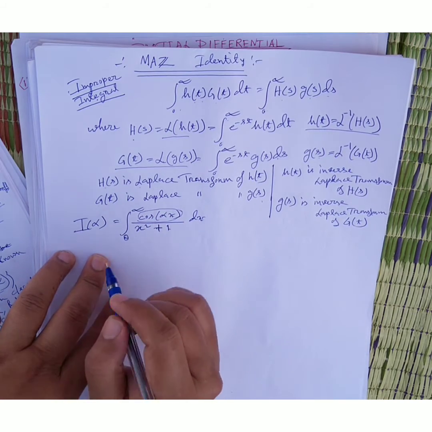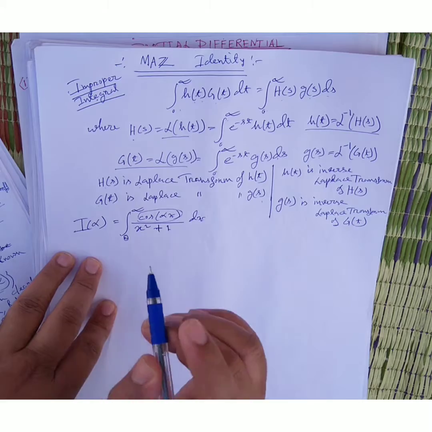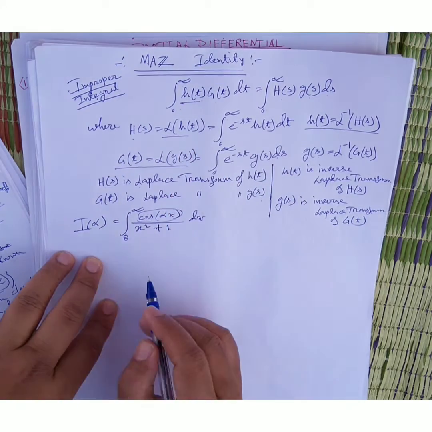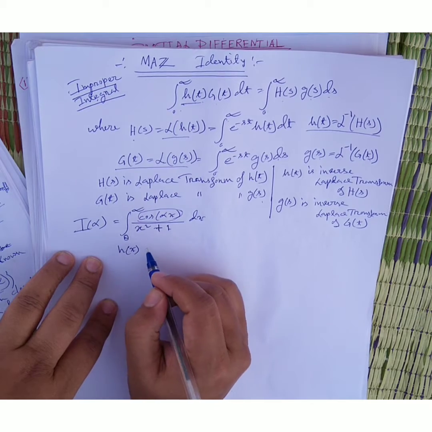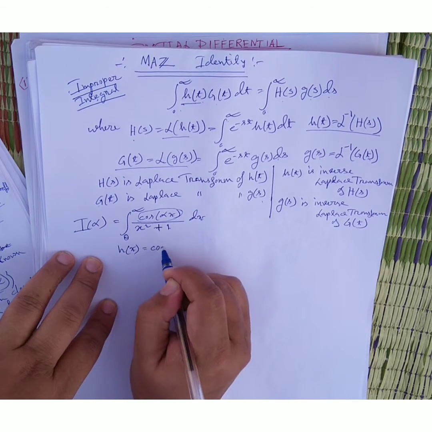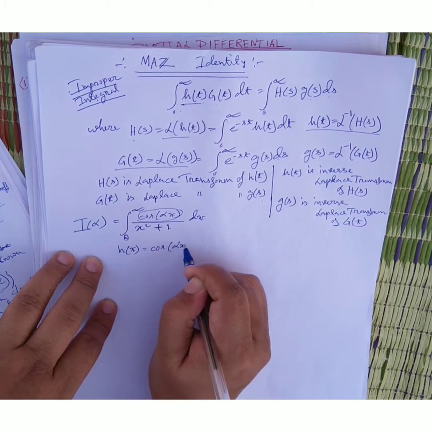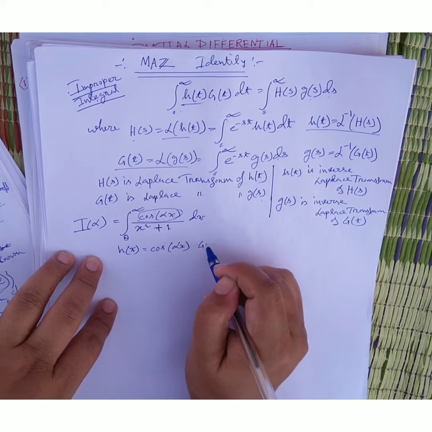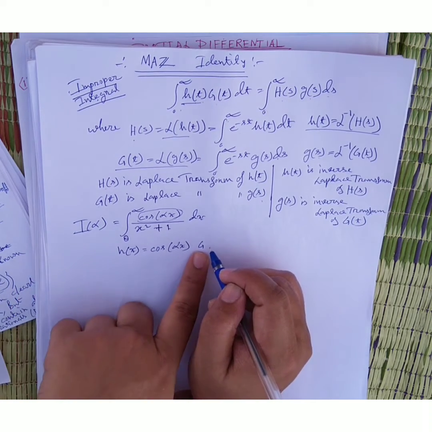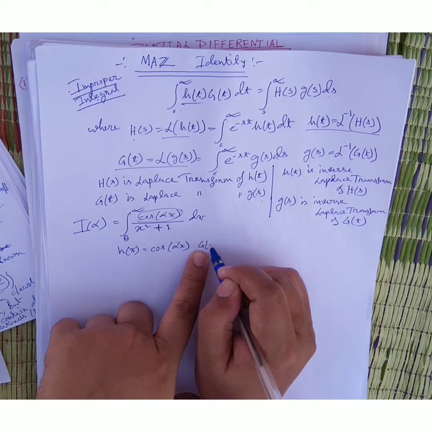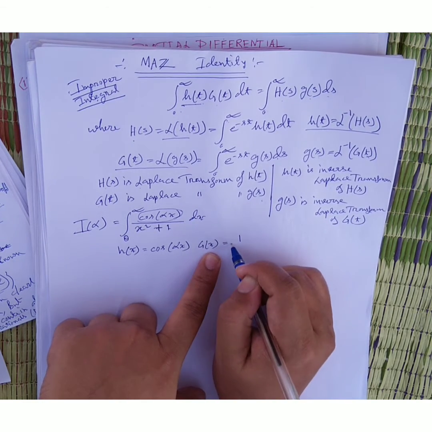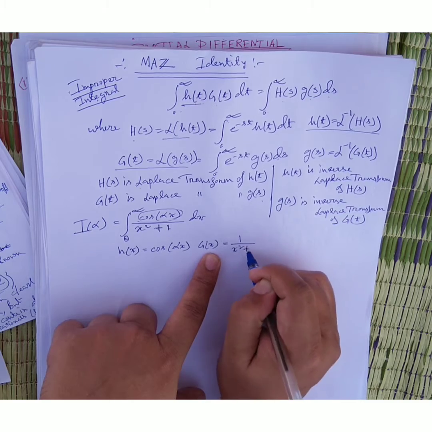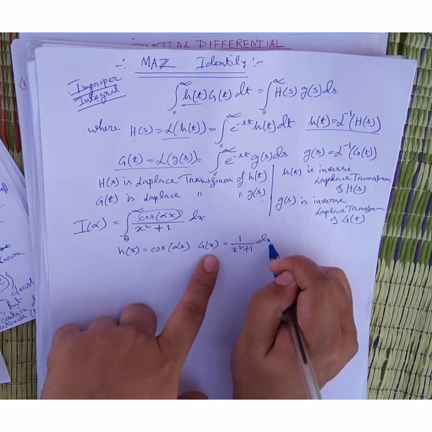Now I will take the improper integral where h(x) here I can say is cos(alpha x), and capital G(x) is equal to 1 by x square plus 1 dx.